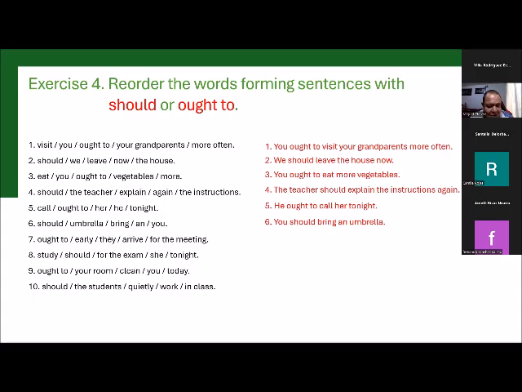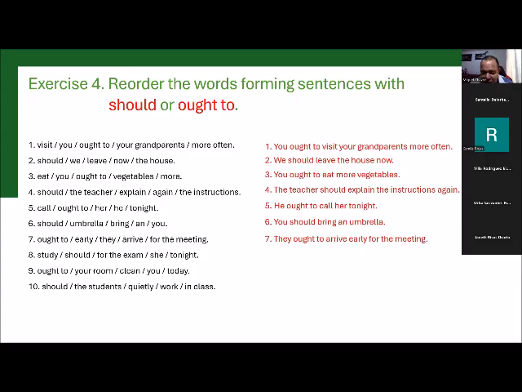Yes, correct. Number 7, please. Please, Cervantes Jimena. They ought to arrive early for the meeting. Yes, you're right. Number 8.